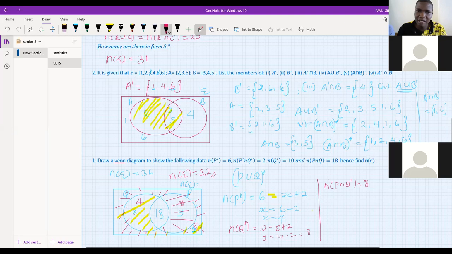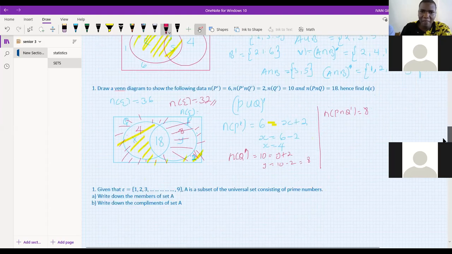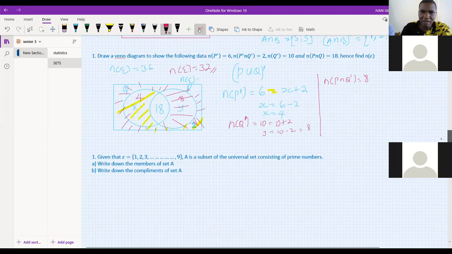This is a possible number. If you've checked in the newspapers, such questions are always put in New Vision. You'll always find such questions there. There are many other questions like this one.